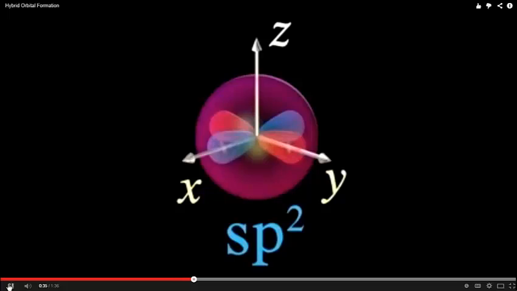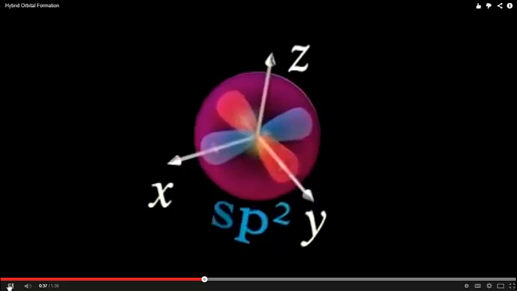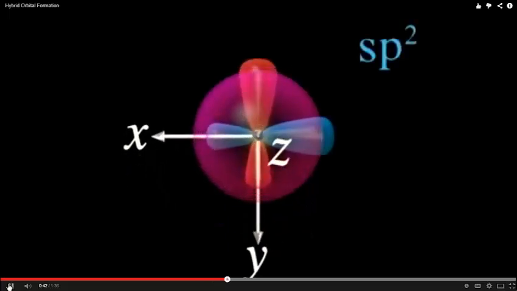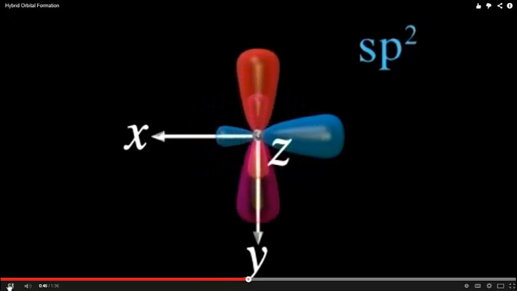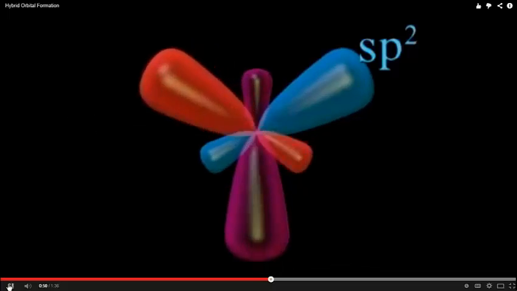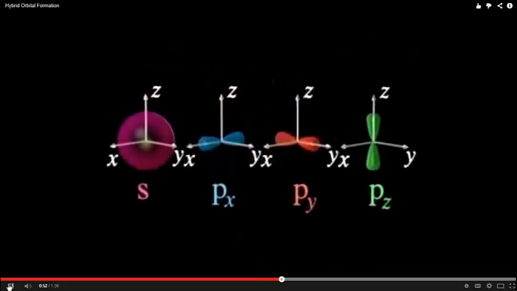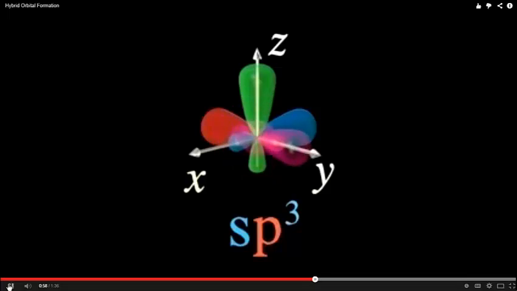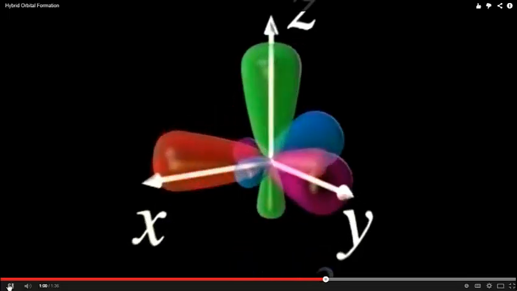We call these sp2 hybrid orbitals. Notice that the hybrid orbitals have major lobes which contain most of the electron density in the orbital. These are used in bonding to other atoms. Mixing of the s with all 3 p orbitals results in formation of 4 equivalent sp3 hybrid orbitals, directed toward the apices of a tetrahedron.